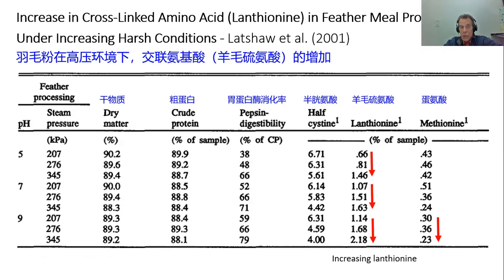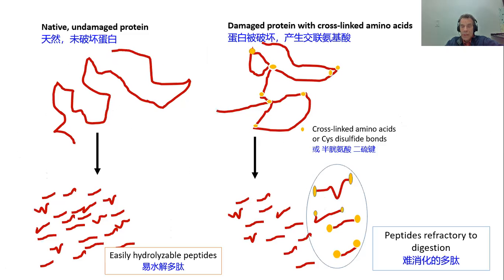The higher the pressure, the higher the pH, the more formation of lanthionine, which is a reaction of dehydroalanine with cysteine. All this is an indication of cross-linked amino acids. This does not occur by itself. It occurs within the protein. It creates cross-linkage within the protein, and that's important to take into account.